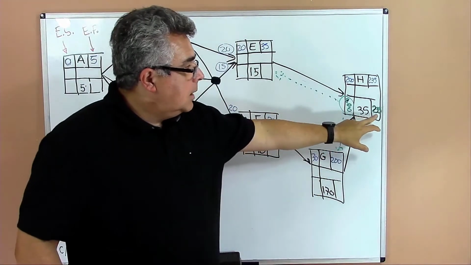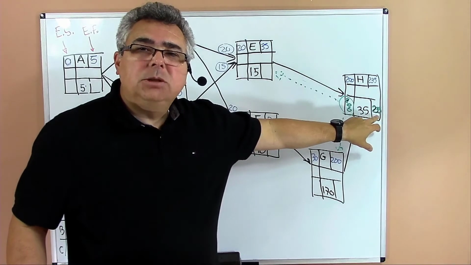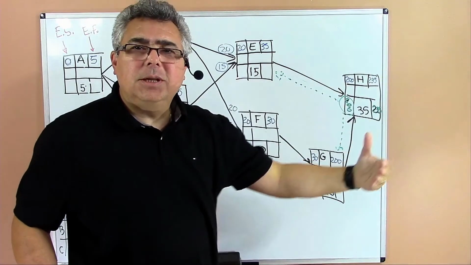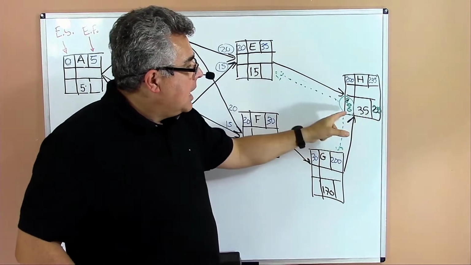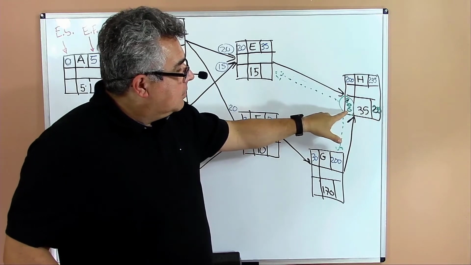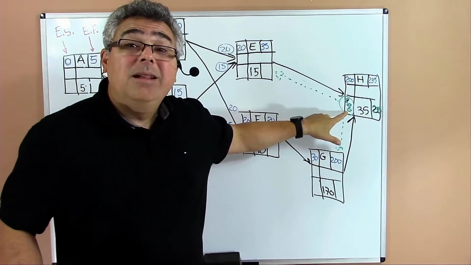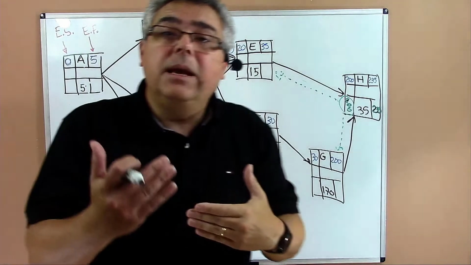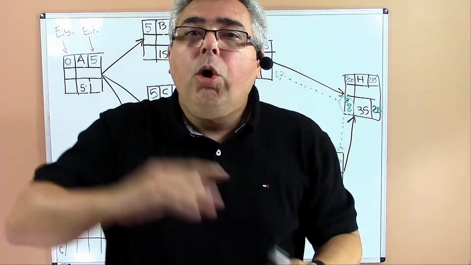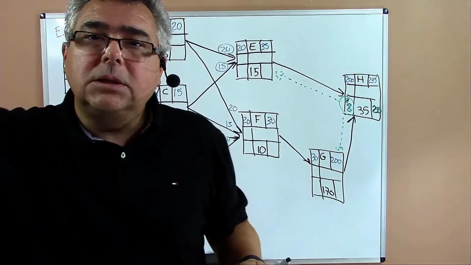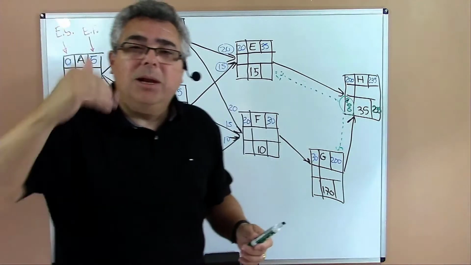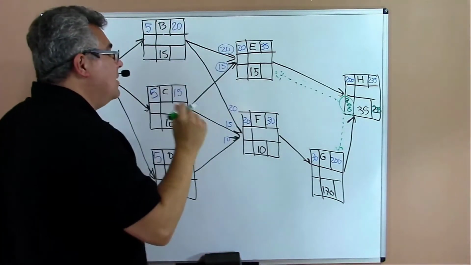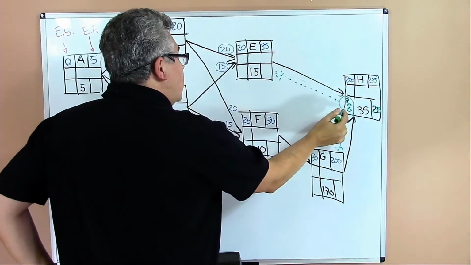The first one is the late finish, the latest finish that the activity can be done. And the other side is the late start. It's the latest day that the activity can start without delaying the next activity, or without delaying the project, okay?